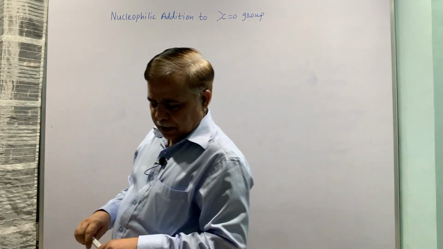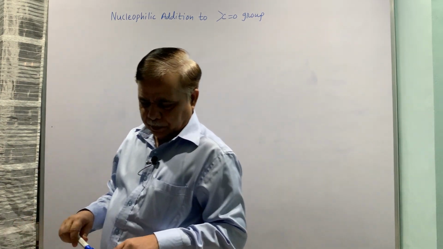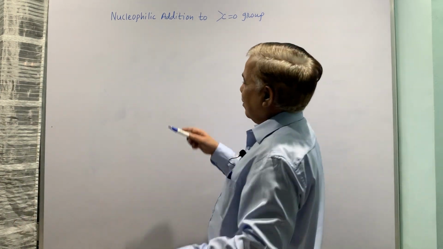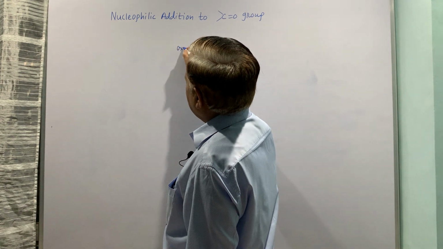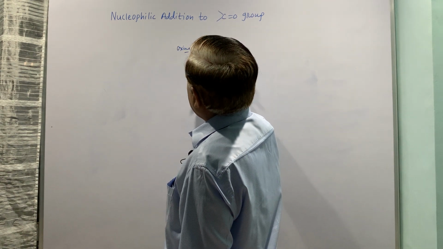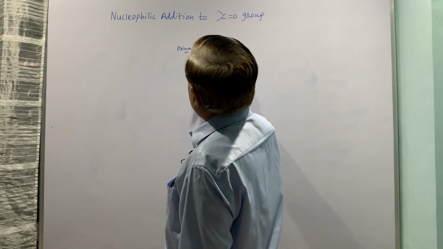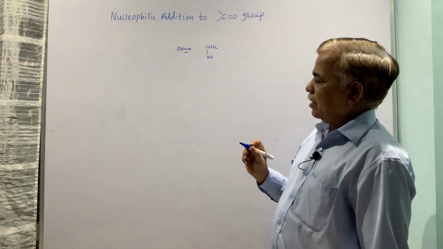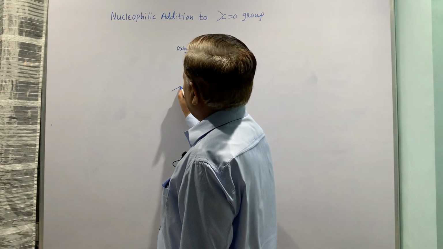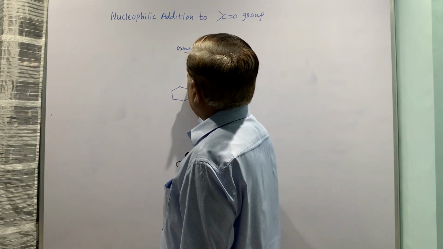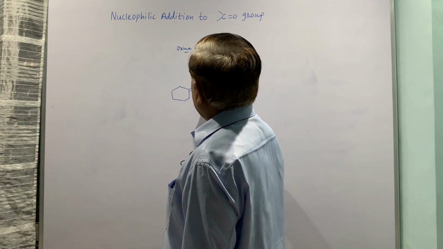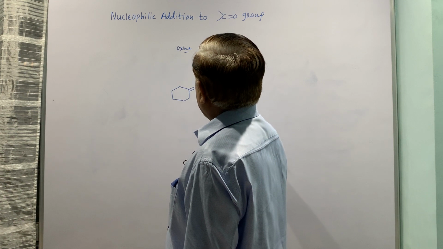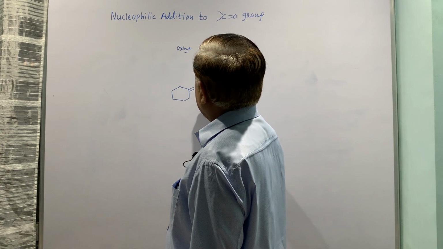Now, besides this, we have to see the formation of oxime. Oxime is nothing but the addition of hydroxylamine across the carbonyl group. Here, this is hydroxylamine.